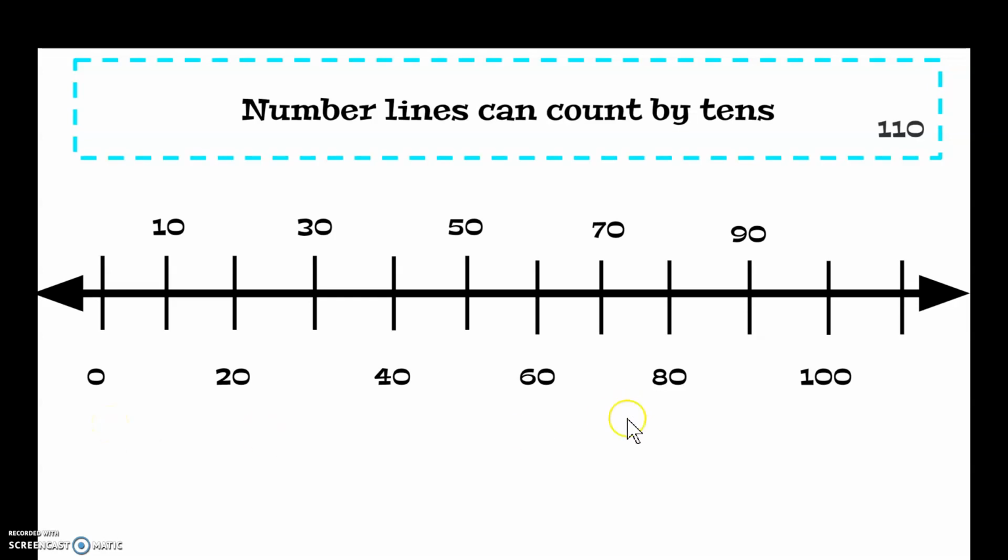Again, 110. Okay? Because I have 100, but if you notice right here, I repeat 110. So again, 0, 10, 20, 30, 40, 50, 60, 70, 80, 90, 100, 110.